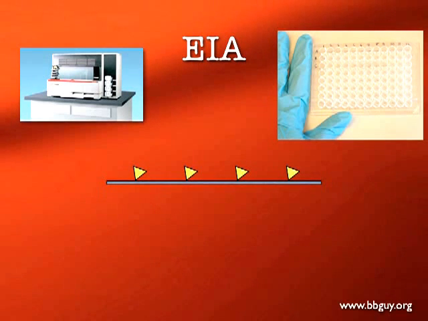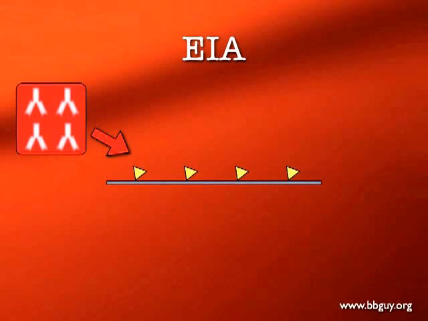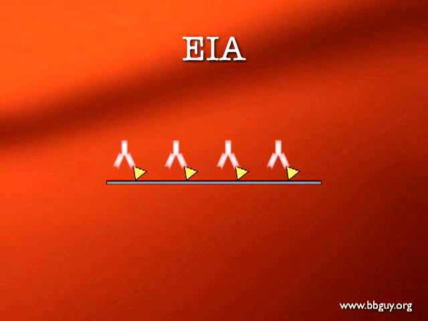So if you're looking for an antibody, in your test kit, you bind antigens, or the manufacturer binds antigens, to the base of one of these little microwells. To that, you add your sample, which may or may not contain an antibody against that particular antigen. In this case, I'm showing you a positive test, so it does contain the antibody. Add in the sample, and the antibody goes and binds onto those antigens.